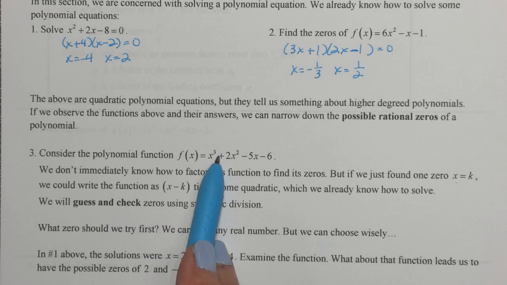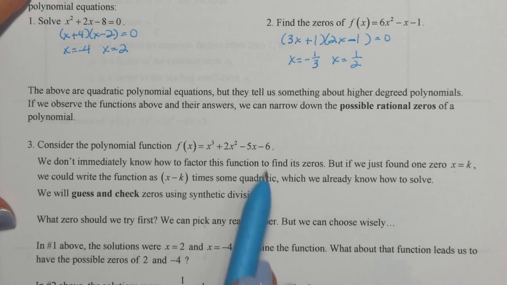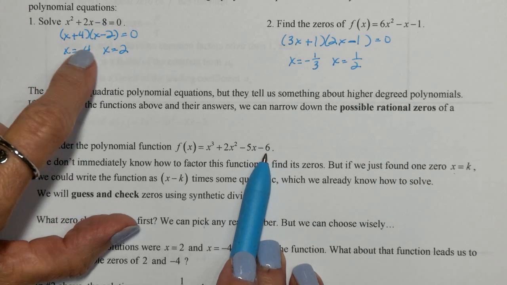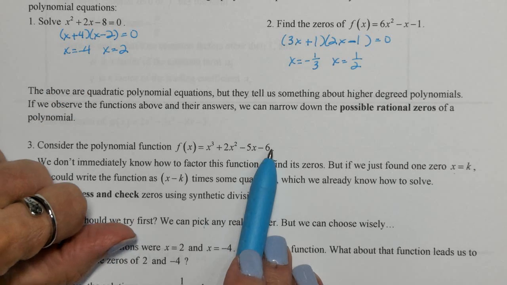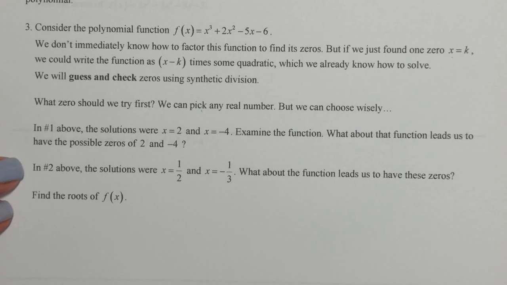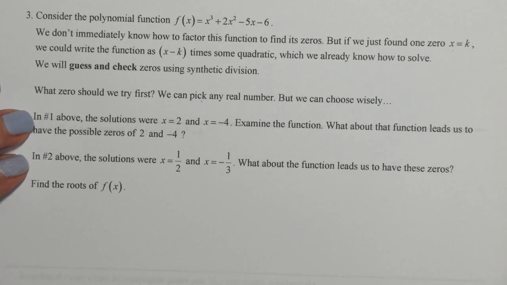So for this function, which number would you try first? We can pick any real number, but we can choose wisely and help ourselves. So just like we did up here, these were factors of 8. We're going to try factors of 6. Okay? And this is just walking through what we did up above.